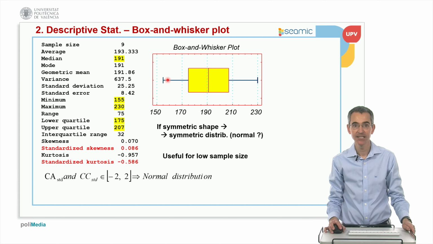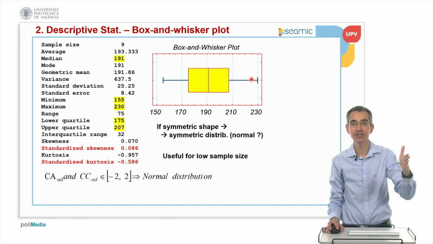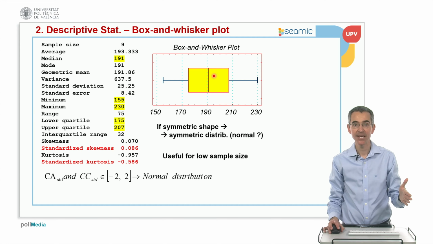And then these are called whiskers. It is called the left whisker, and then the right whisker. The end of the left whisker is the minimum, and the end of the right whisker is the maximum. Based on this shape, as it is symmetric, we can think that the data can be assumed as a sample from a normal distribution.